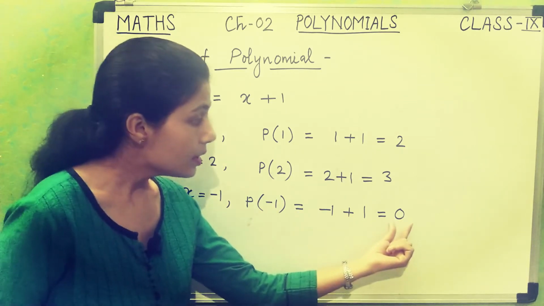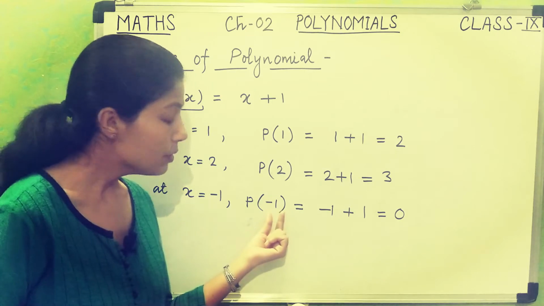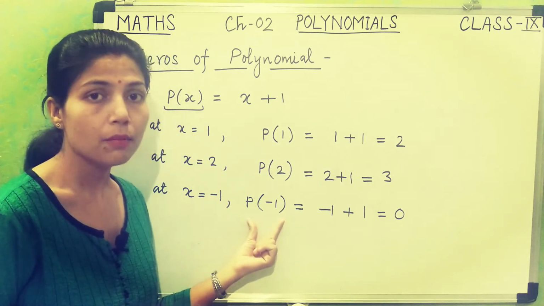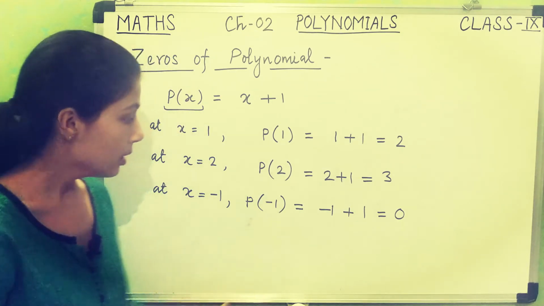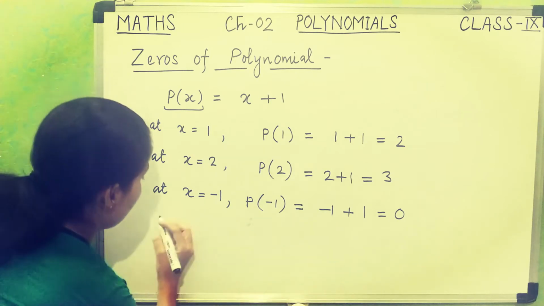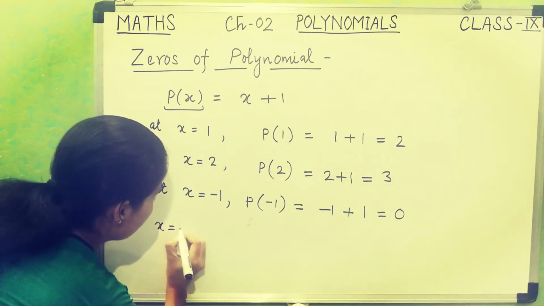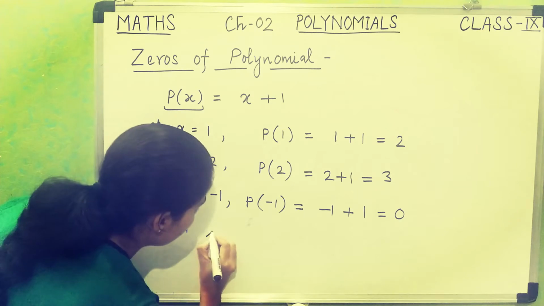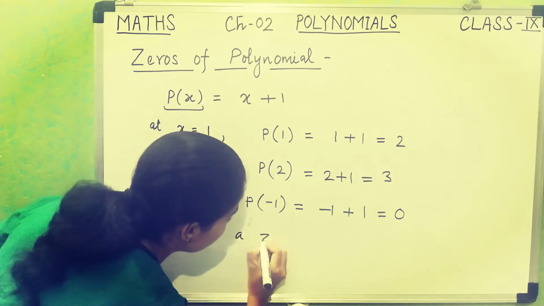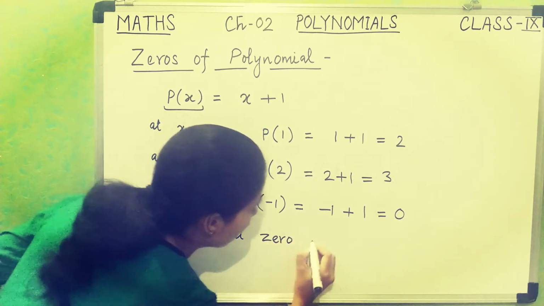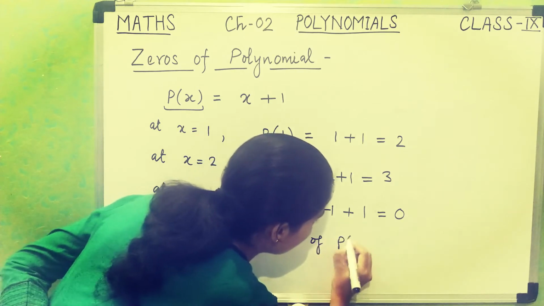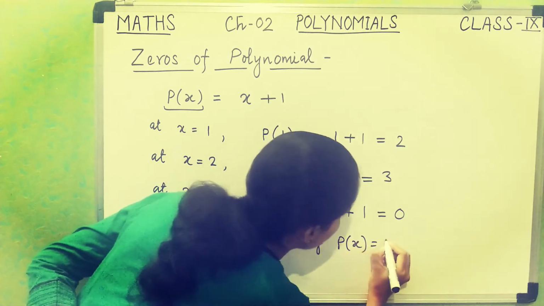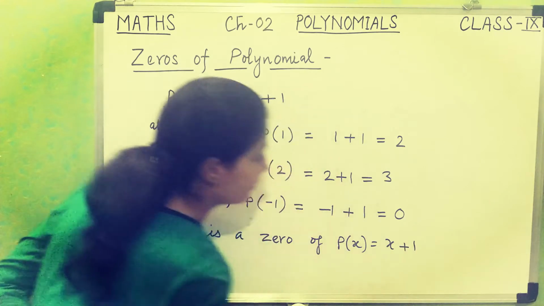Okay, so this value is the zero of this polynomial. Means x equals minus 1 is a zero of the polynomial x plus 1.